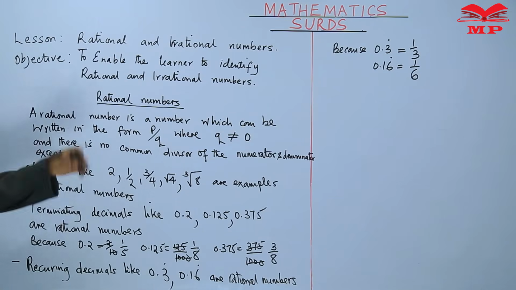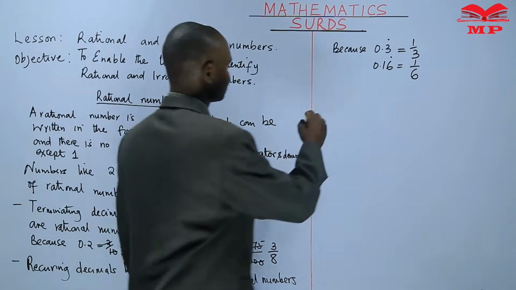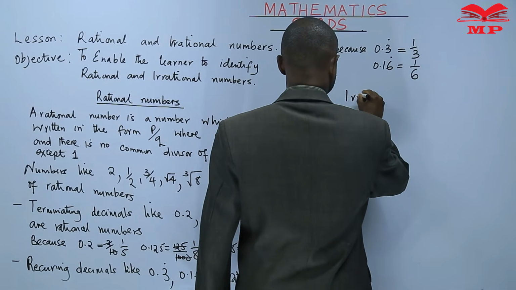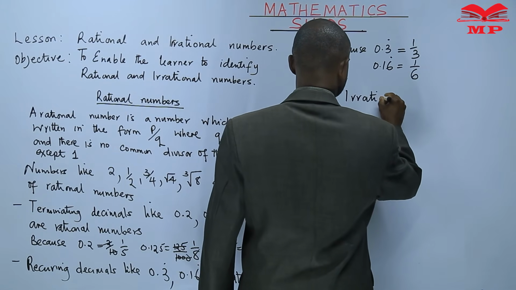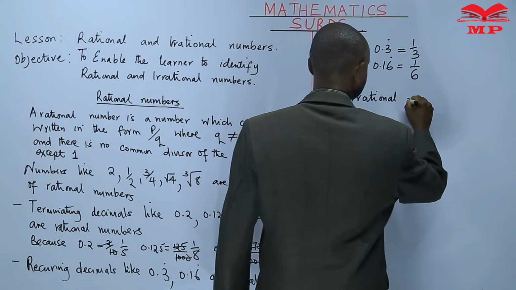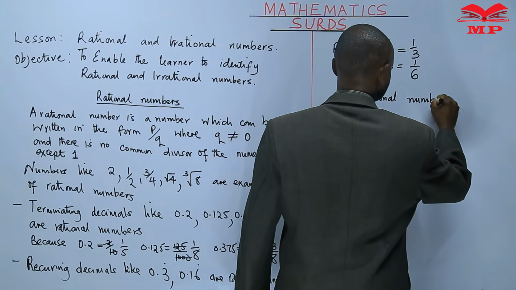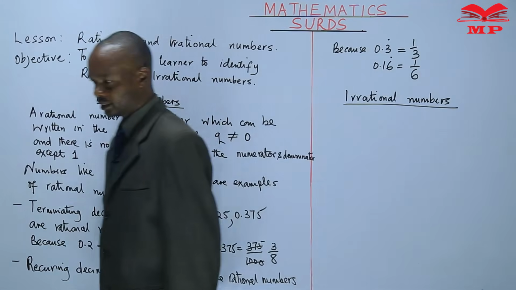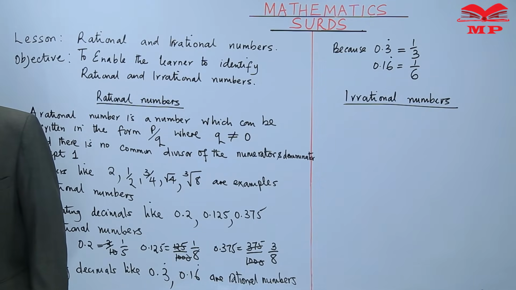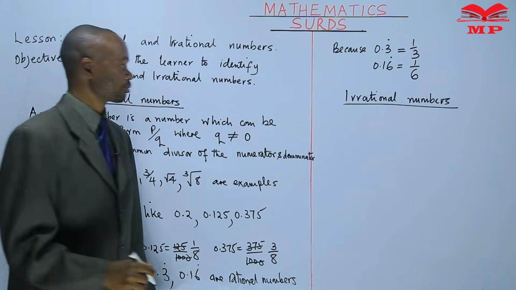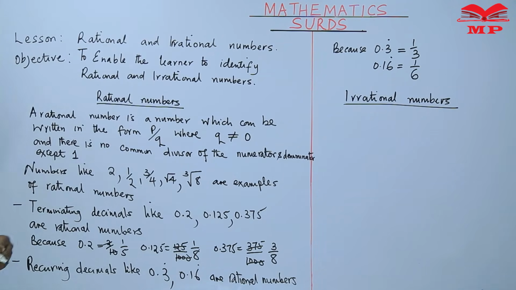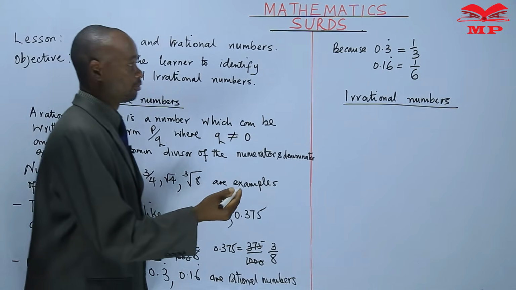Now we shall look at irrational numbers. When we shall be dealing with this topic, most of the numbers will be written in root form, either square root or cube root.